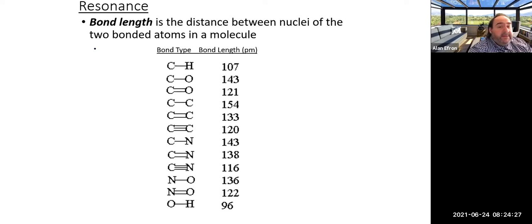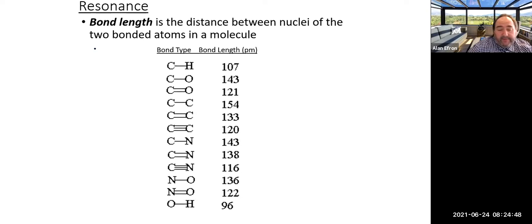But bond length is essentially the distance between two nuclei in a bonded atom. And when we look at a chart such as this, we do see a pattern, especially when we're talking about the length of a single bond versus a double bond versus a triple bond.